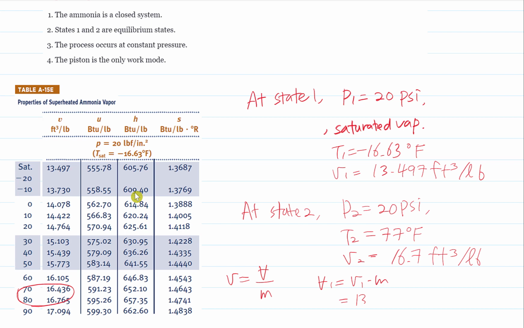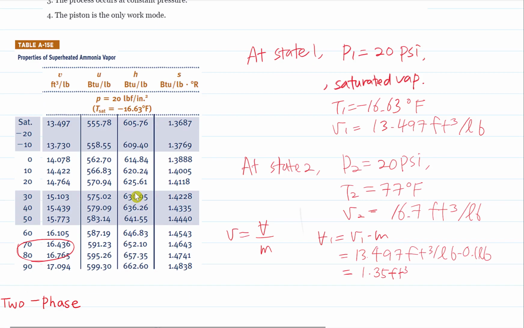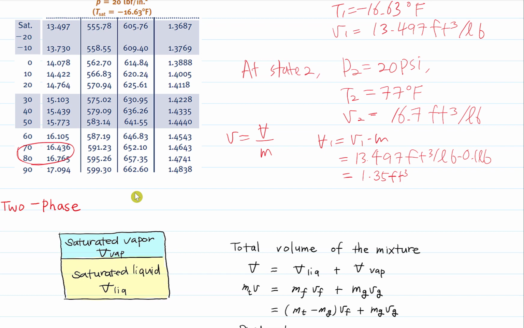So V1 is v1 times mass, and V2 is v2 times mass.